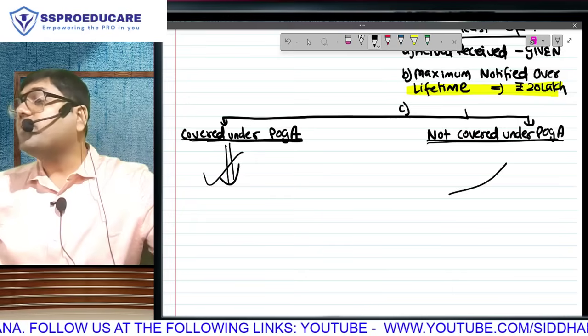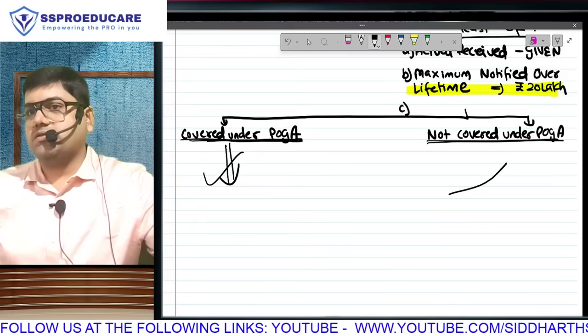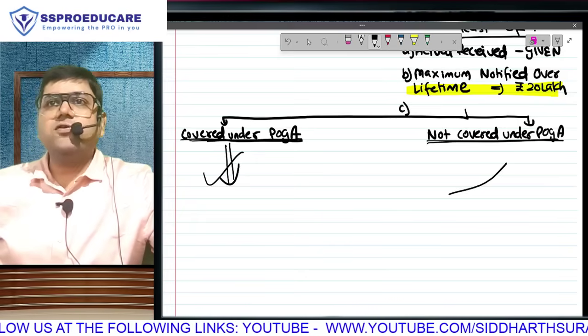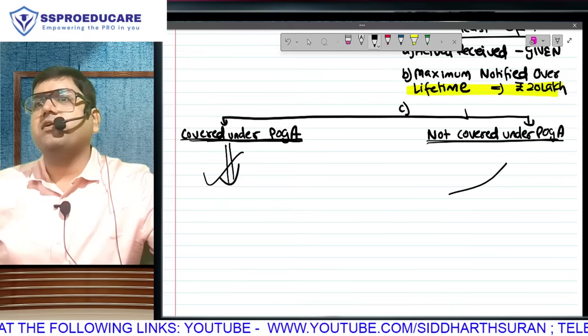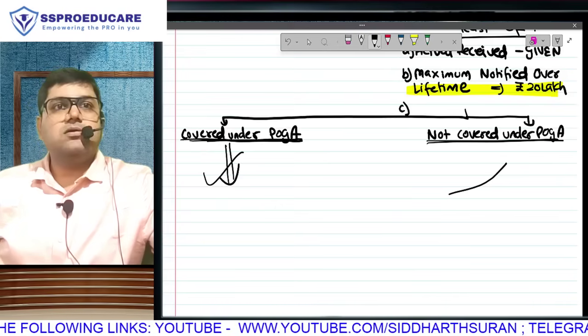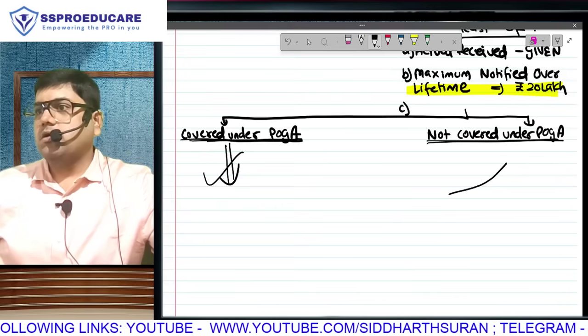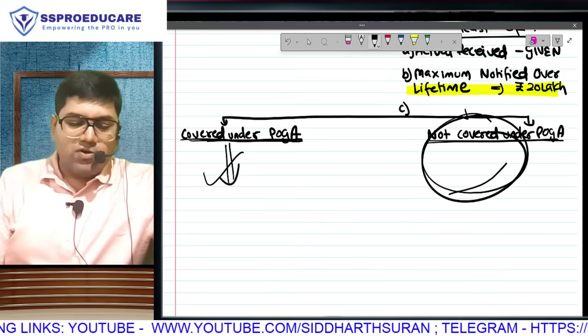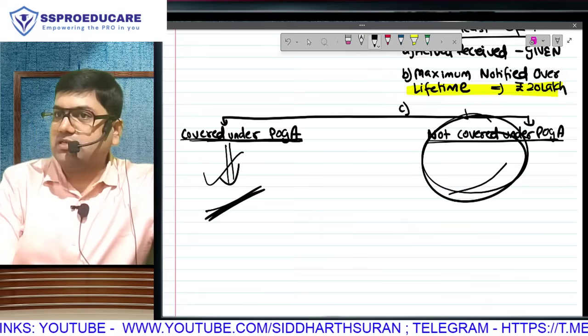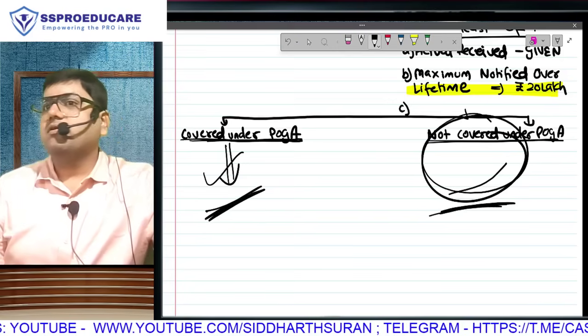There are some fundamental logical errors in this calculation, but unfortunately the income tax law cannot do anything about it because they have blindly copied it from POGA. But this calculation is not under POGA. So whatever are the mistakes in this calculation, they have rectified here in this calculation.